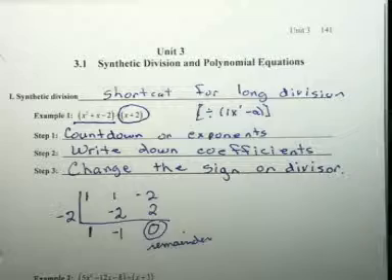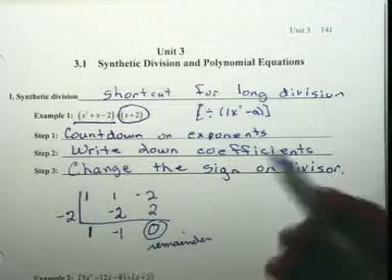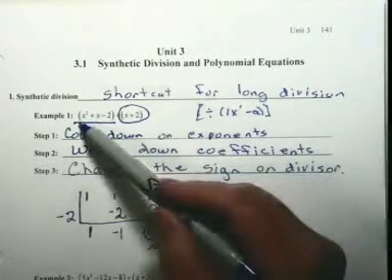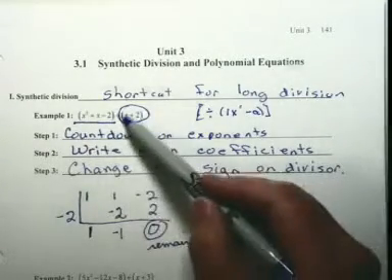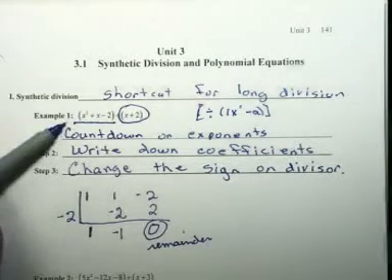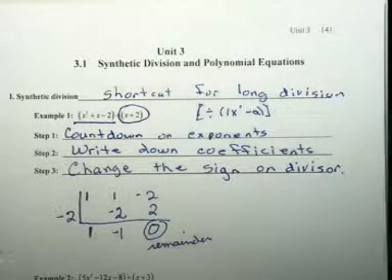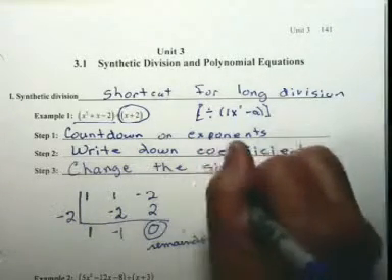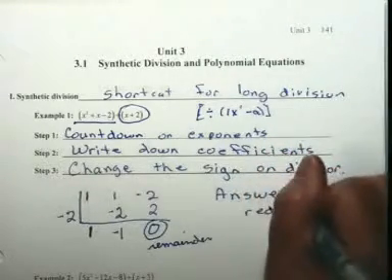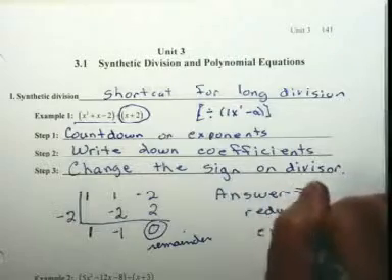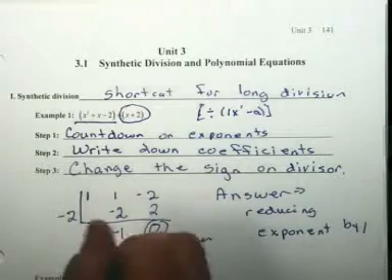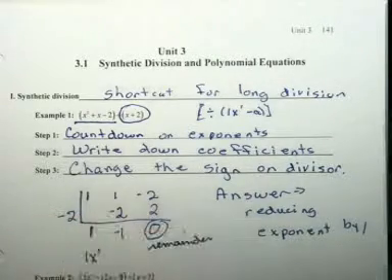Now, our answer is not 1, minus 1. When I did synthetic division, I ignored the letter x. But if you take this x squared and divide by x, it reduces the exponent by 1. X squared divided by x gives me x. So I write my answer by reducing the exponent by 1. Instead of x squared, this becomes 1x to the first.